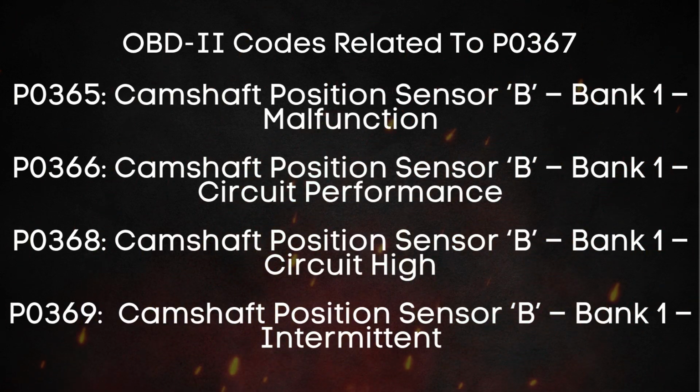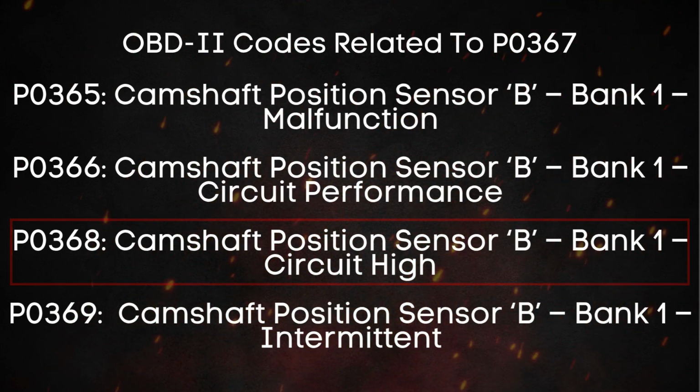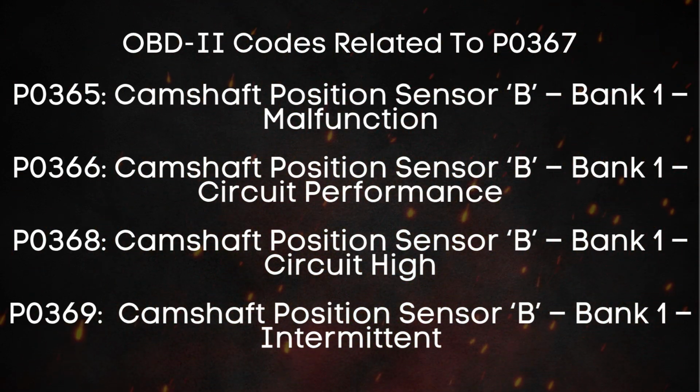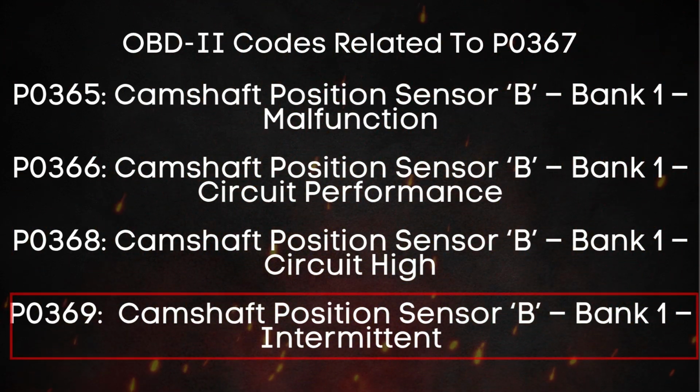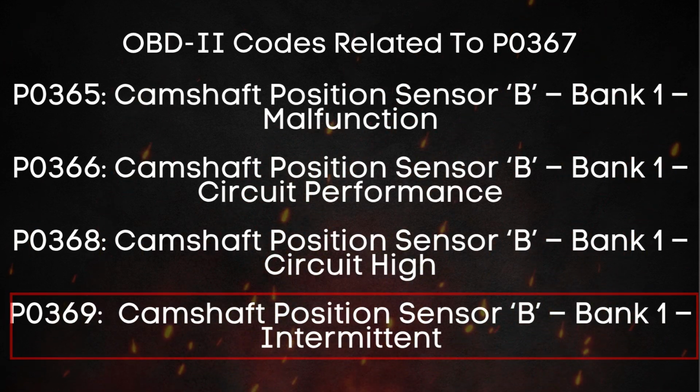On the flip side, you might see P0368, which is Exhaust Camshaft Position Sensor for Bank 1 circuit high. It means the sensor is sending too much voltage, often due to a short circuit or a sensor that's completely failed. And finally, there's P0369, which stands for Exhaust Camshaft Position Sensor for Bank 1 intermittent.